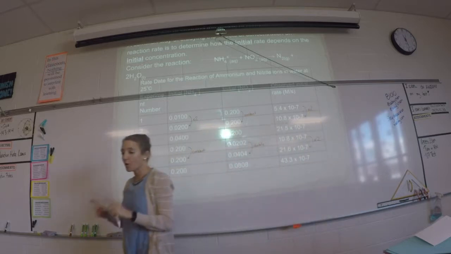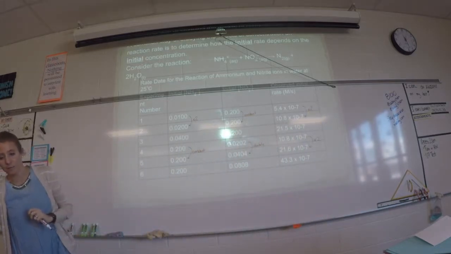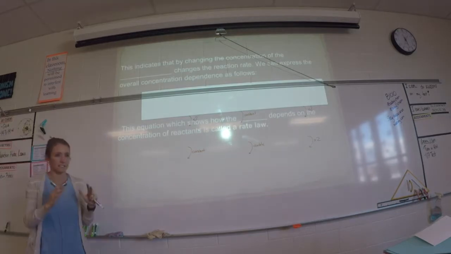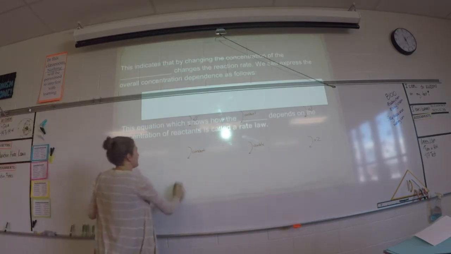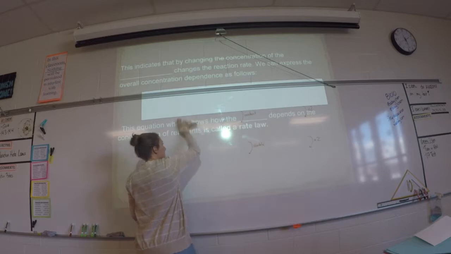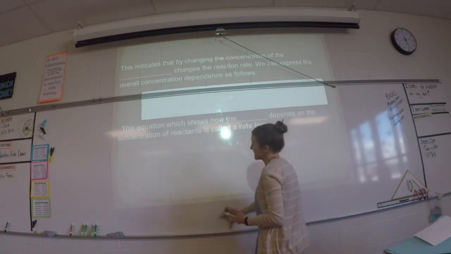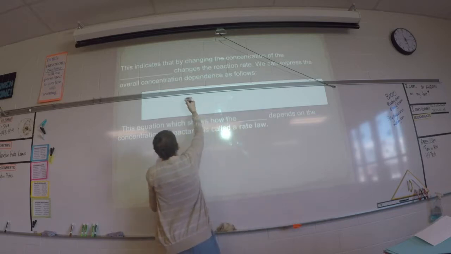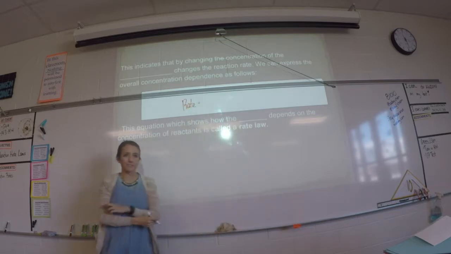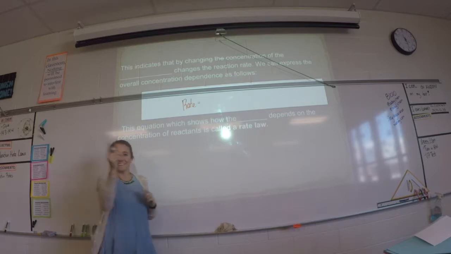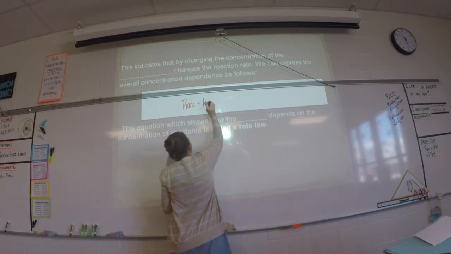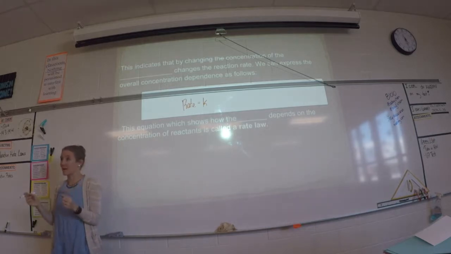From this data, we're able to write a rate law, and we'll do a few of these today. If it's like piecing it together and you don't quite see it, just hang on, and I think you'll get a clear picture as we go. A rate law, you always write the rate equals. We have this value k, which is our rate constant.